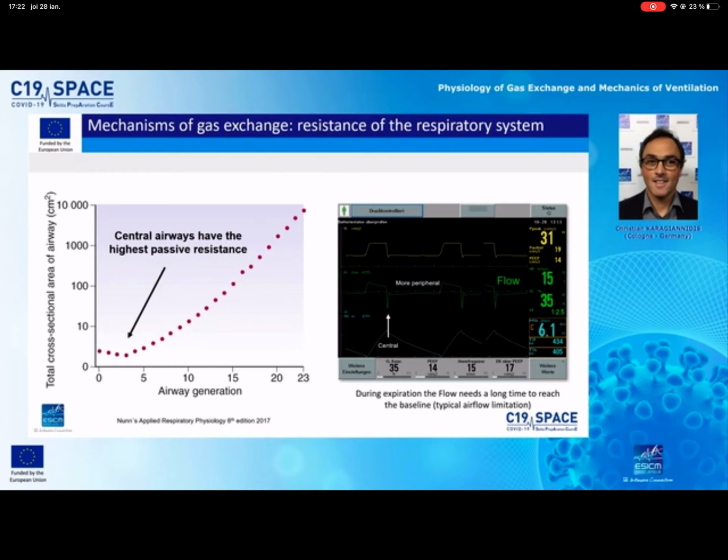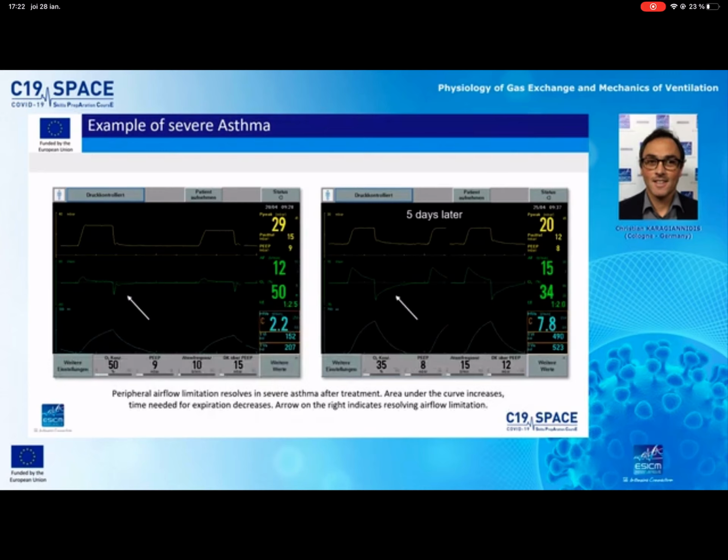In this case, you see a collapse of the central airways, so you can find it here in the flow curve. And then the patient needs a long time to expire. This part of the expiration curve is usually due to a severe airflow obstruction in the peripheral airways. This is a very typical case of severe asthma.